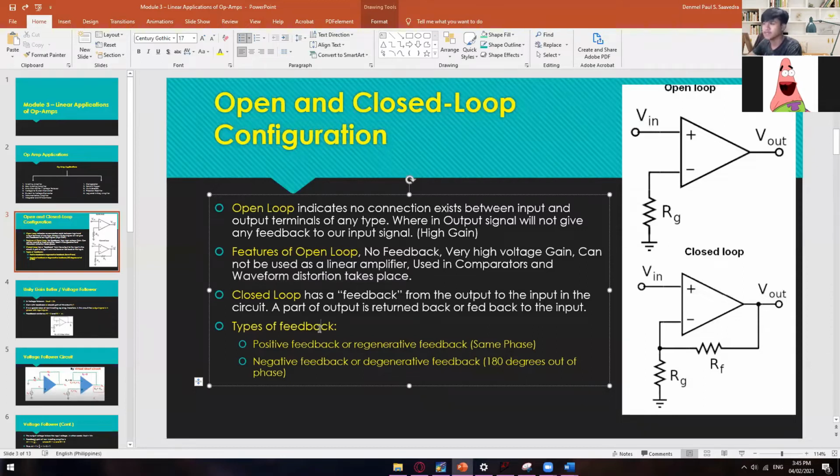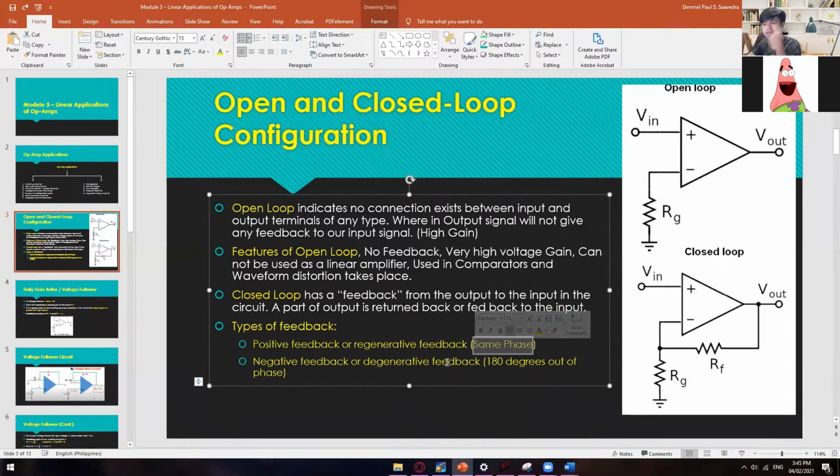And one more thing, we have here the types of feedback. Maybe you guys already know this one. We have the positive feedback, or regenerative feedback, and the negative feedback, or degenerative feedback. If your input is positive and you also get a positive output, then we call that positive feedback, meaning it is in the same phase, in line with each other.